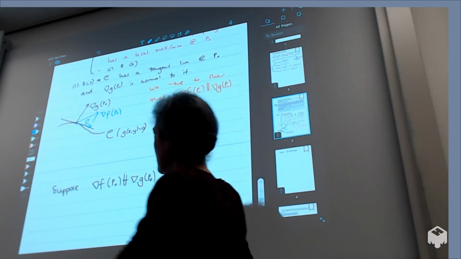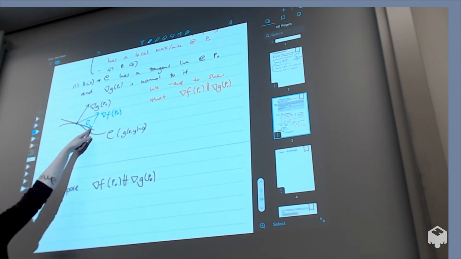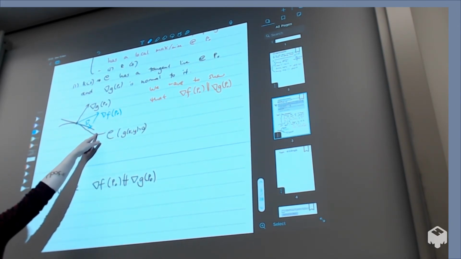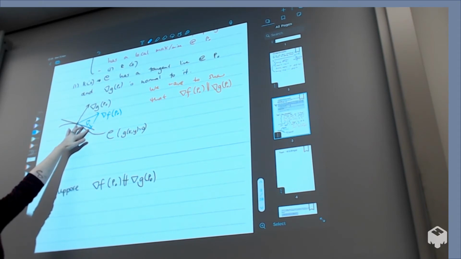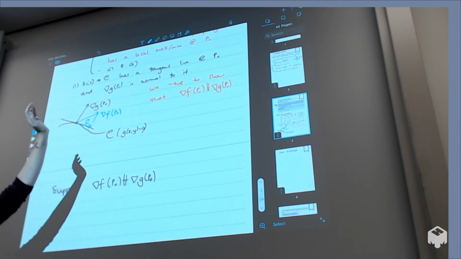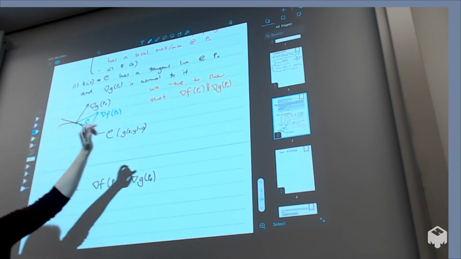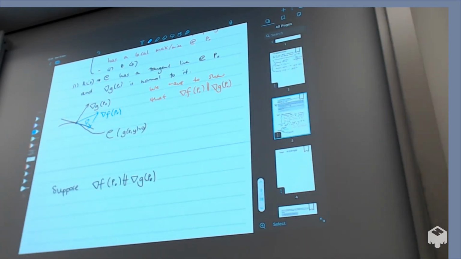Now we can talk about the directional derivative in the direction of v. Obviously we're going to talk about directional derivatives because we're bringing in everything from last week. If we look at the directional derivative, what can we say about it? It's non-zero. So let me just get this written down.